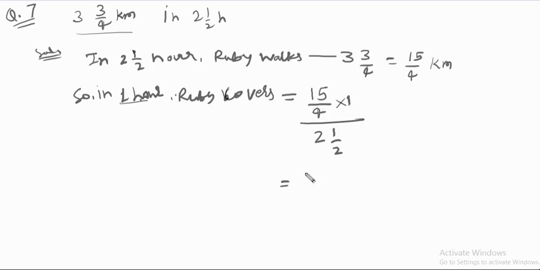So here the multiplication by 1 will be the same, meaning 15 upon 4 will be as it is, upon 2 2s are 4 or 1, 5 by 2, right?